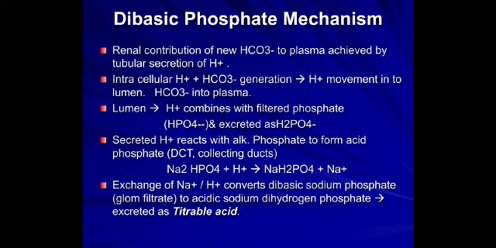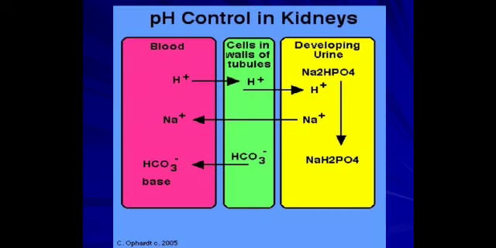Exchange of sodium and hydrogen converts dibasic phosphate to acidic sodium dihydrogen phosphate, and this is excreted as titrable acid. The pH control is mainly by hydrogen exchange from the cells into the blood, and that's how dihydrogen phosphate goes to monohydrogen phosphate. So disodium phosphate, that is alkaline, is converted to acidic phosphate.